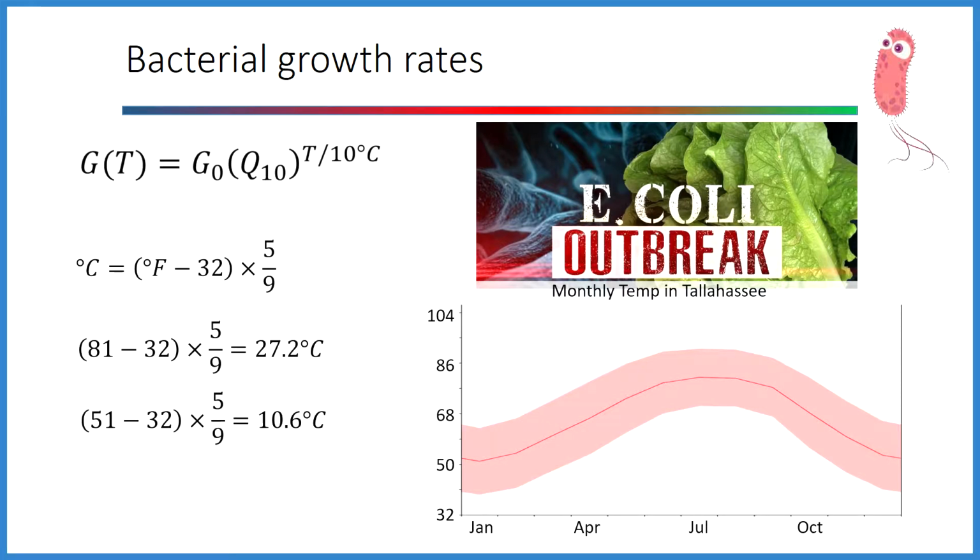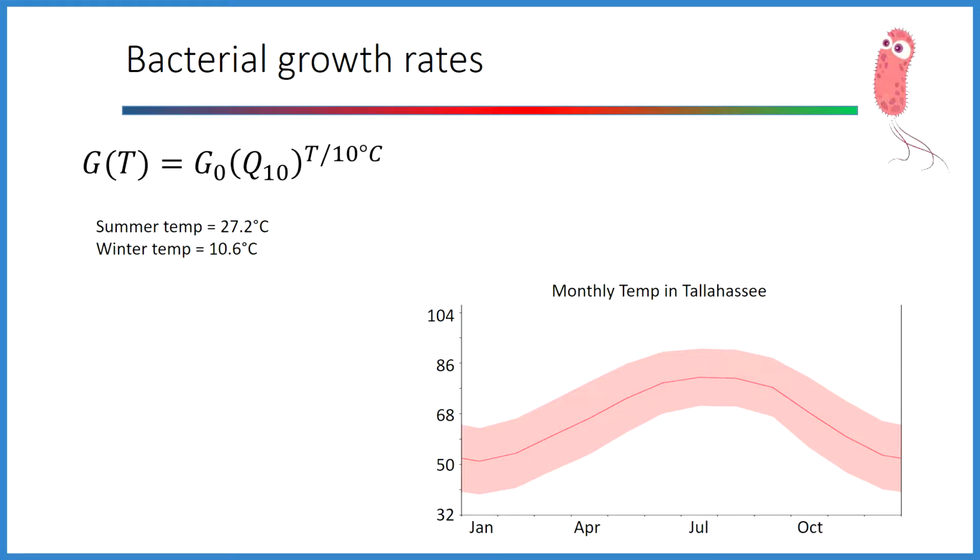Alright, armed with this knowledge, let's try to write an equation for the temperature as a function of time. Obviously this looks like one of our sine waves. So what do we know about that sine wave? Well, we know that it should have a period equal to 365 days because it goes up and down once per year.